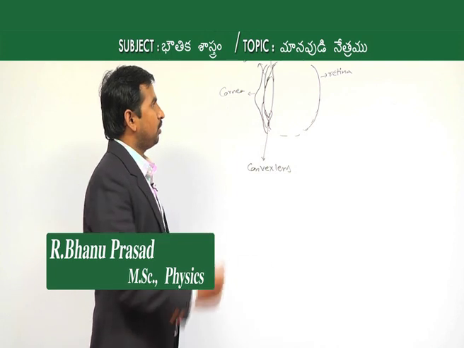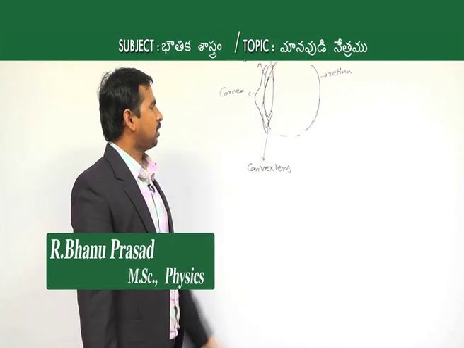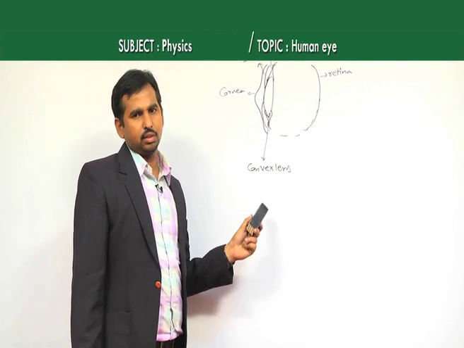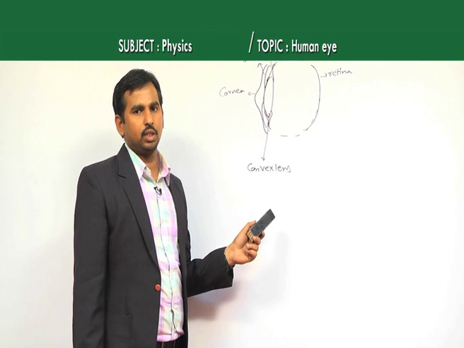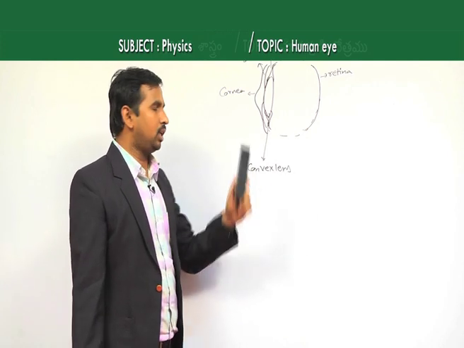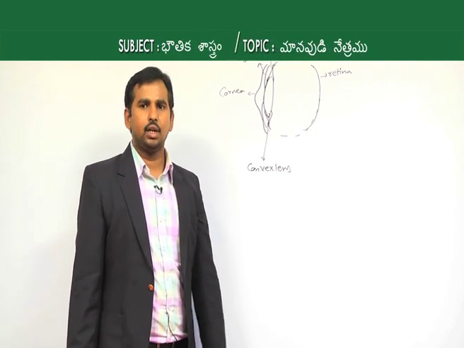Now, one by one, we will see the importance of these parts and how they work. First, the convex lens. You already know that a convex lens refracts light and forms a real image depending on the focal length. Our eye lens can see near distances as well as far distances.